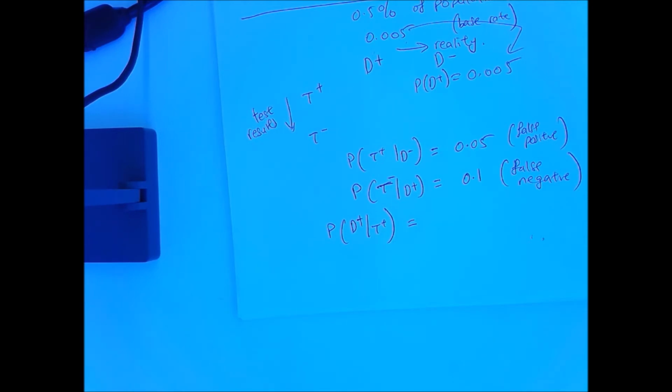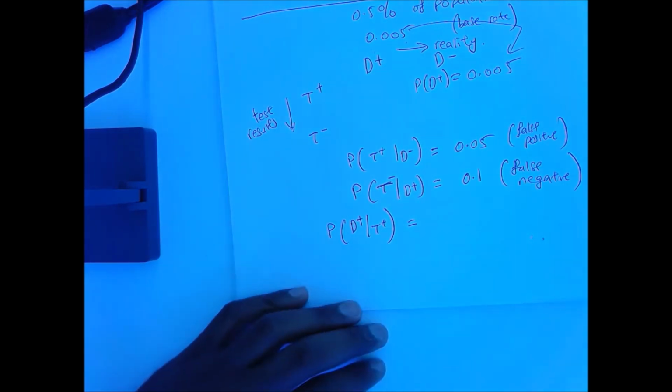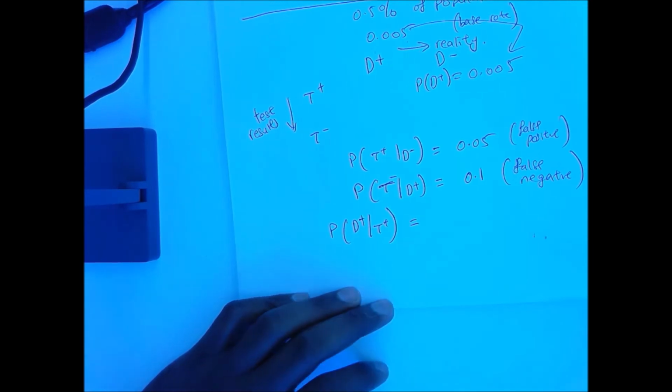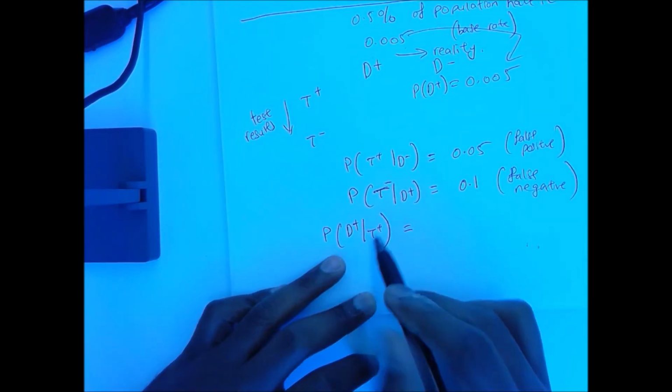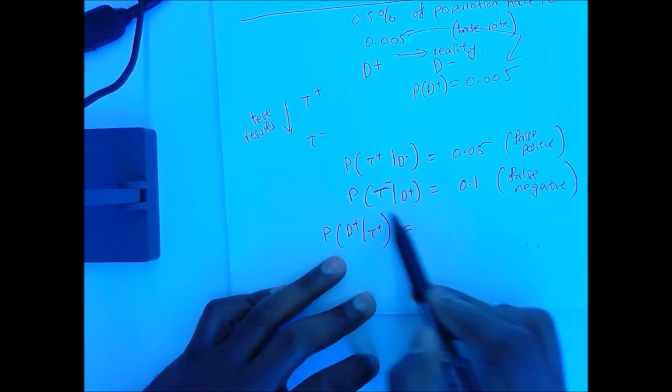Since we are running out of time, maybe I'll give you a hint and then we'll see if you want to continue. We just use Bayes' theorem, because we all know these conditional probabilities; all we need to do is reverse them.